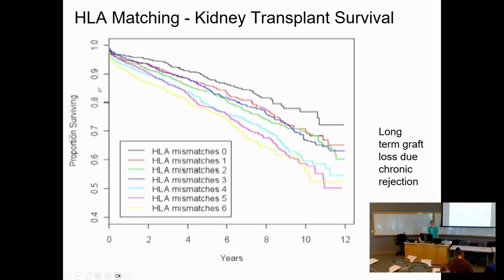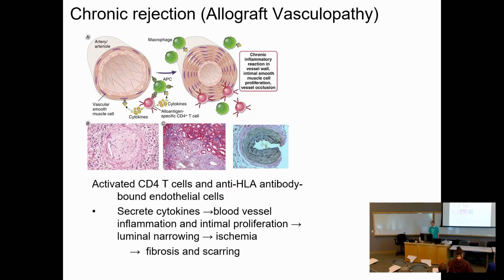The reason is that even though we have pretty good immunosuppression short term, there's still a lot of chronic rejection going on in the background that we either can't identify or treat more immediately. Particularly if you develop a lot of donor-specific antibody, your risk for chronic rejection is much greater.